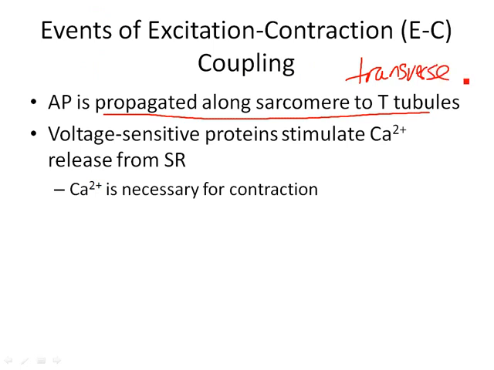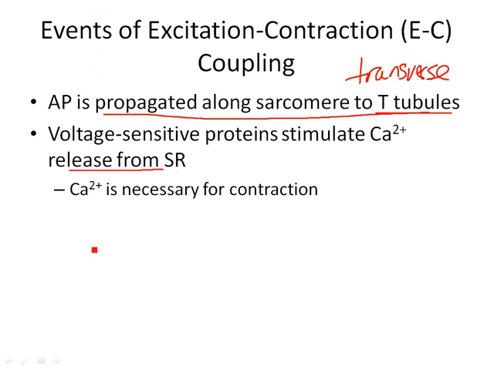There's a really great picture in your book. If you haven't looked in your book, there's a really great picture of the setup of the sarcolemma, the sarcoplasmic reticulum, and the transverse tubules. On the transverse tubules, you have, again, voltage-sensitive proteins. They're almost like voltage-gated channels. A little bit different, but for all intents and purposes, almost the same thing. Basically, voltage-sensitive channels that will allow calcium to be released.